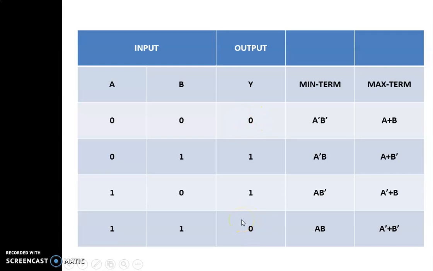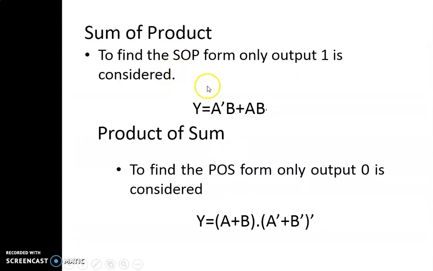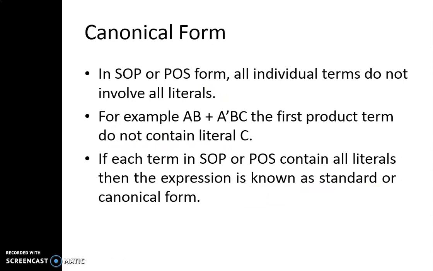With the help of this we can represent the sum of product and product of sum. For sum of product we take the sum of product terms, and for product of sum we take the product of sum terms. So for SOP form we consider output as 1 and for POS form we consider output as 0.